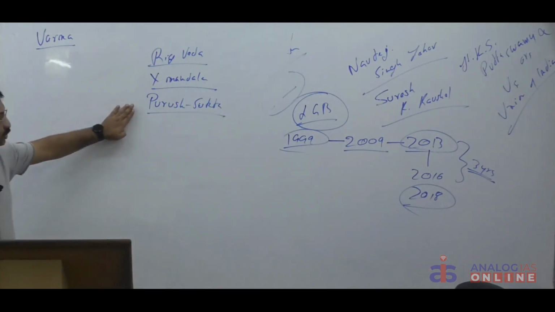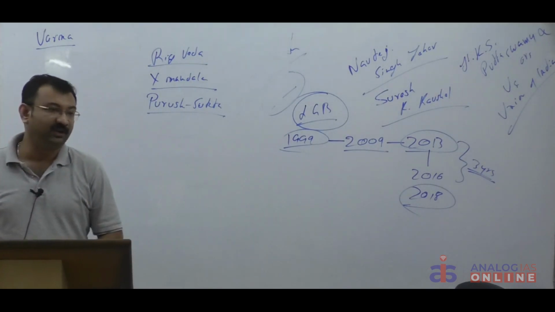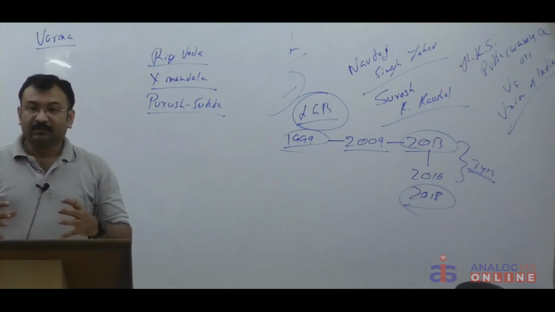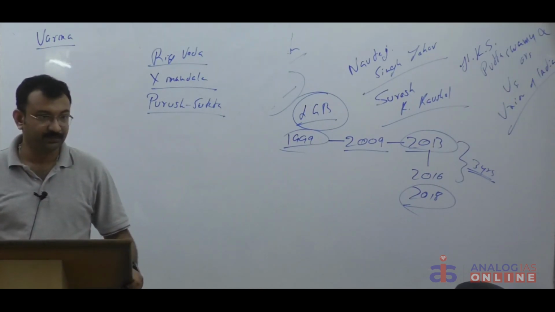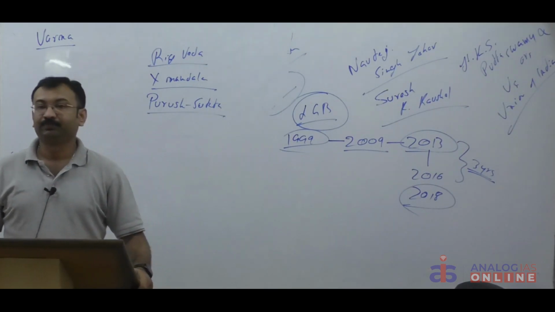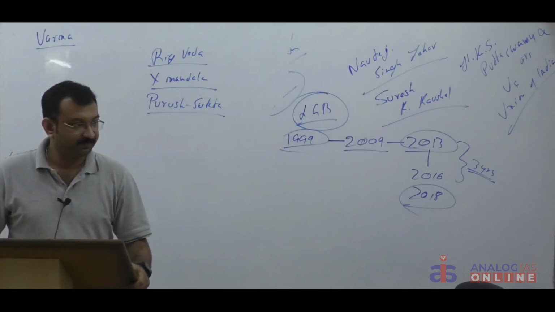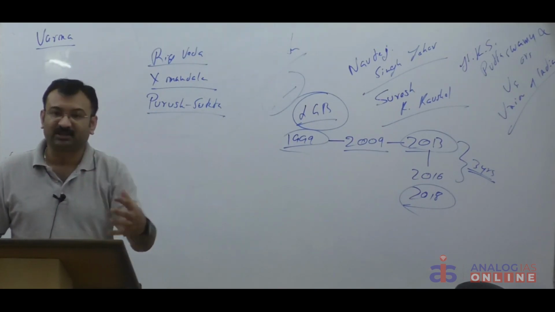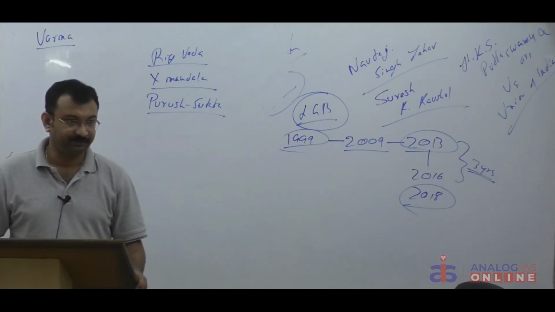It is mentioned here that from the body of the Almighty, from the face of the Almighty came the Brahmins. Since the head is there, the Brahmins are the thinkers, philosophers. From the arms of the Almighty came the Kshatriyas. From the thigh of the Almighty came the Vaishyas. And from the feet of the Almighty came the Shudras.